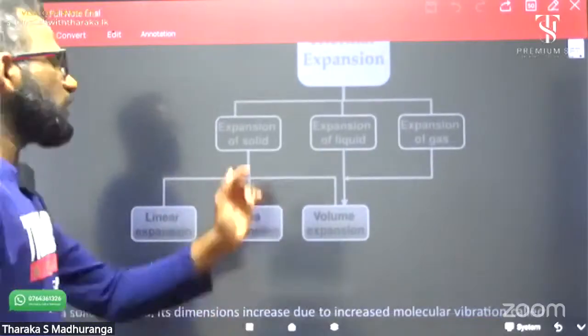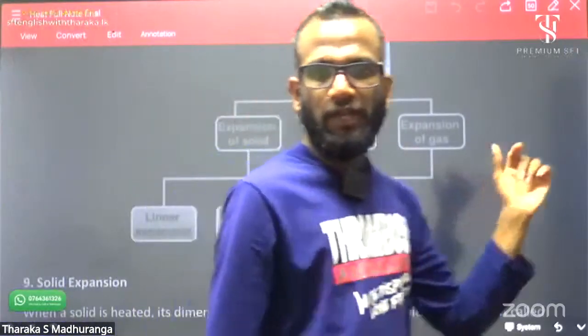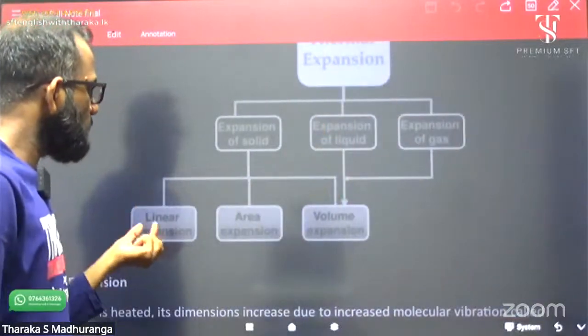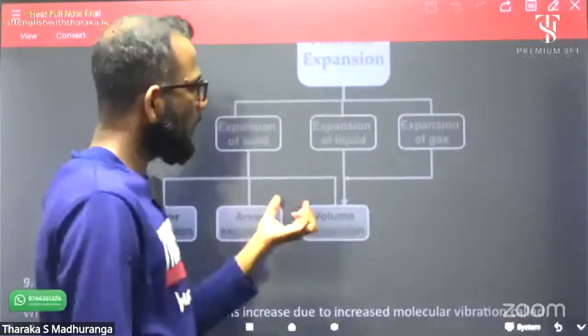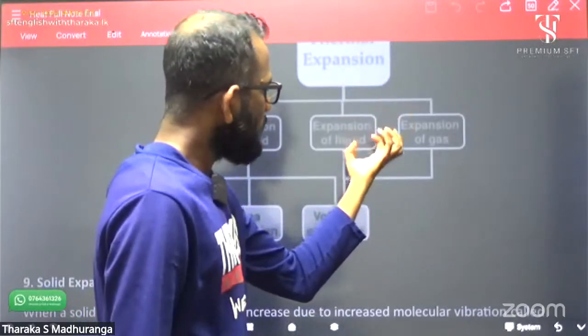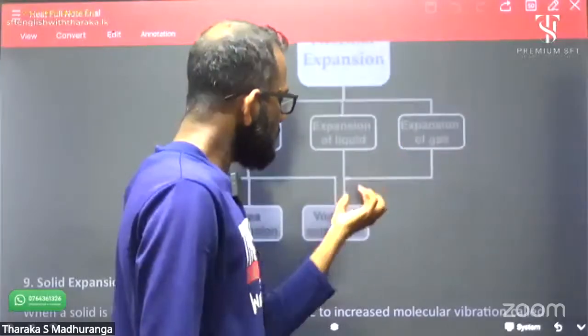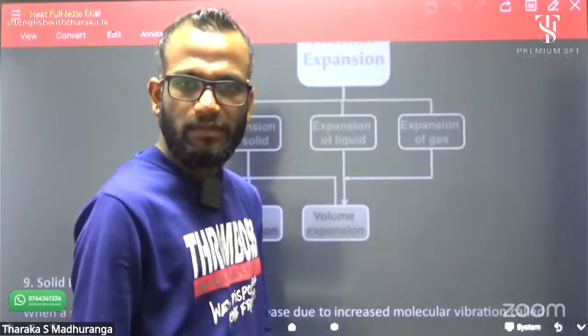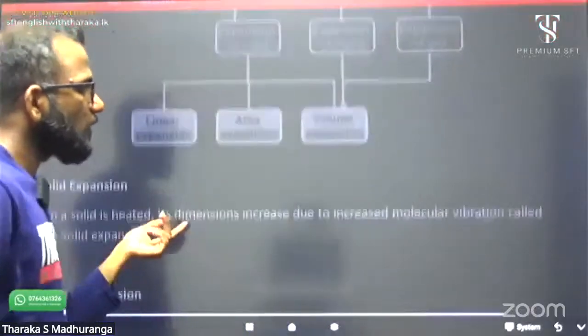Thermal expansion has 3 types: solid expansion, liquid expansion and gas expansion. Solid expansion has 3 types: linear expansion, area expansion and volume expansion, right? Liquid and gas have only volume expansion, right? Okay, this is a summary.